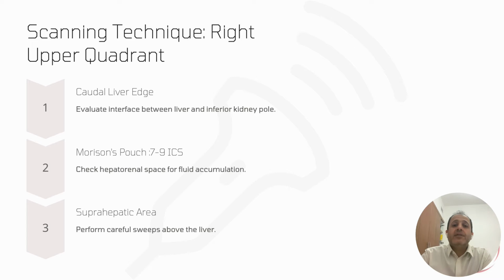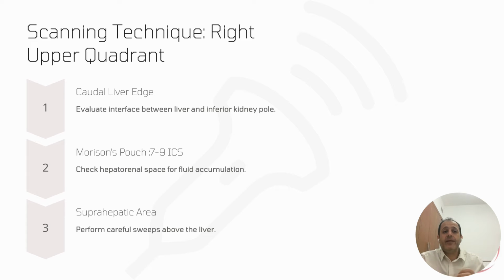In the right upper quadrant, what organs do we have? We have the diaphragm, the kidney, and the liver. The first space we should assess is the caudal liver edge, the interface between the liver and the inferior kidney pole.